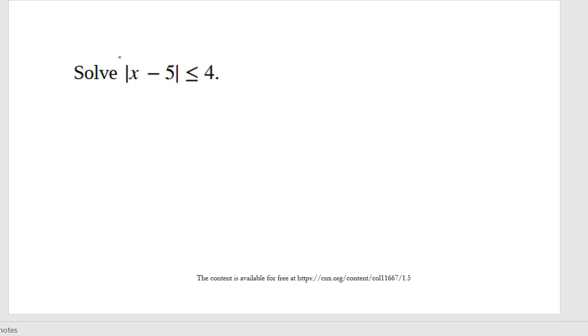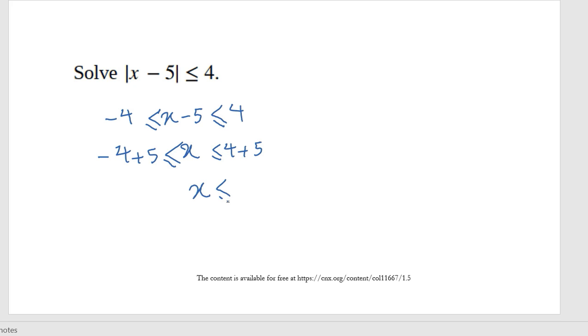Example. So this one, absolute value of A is less than or equal to B. So x minus 5 is between 4 and negative 4. So x is between 4 plus 5 and negative 4 plus 5.